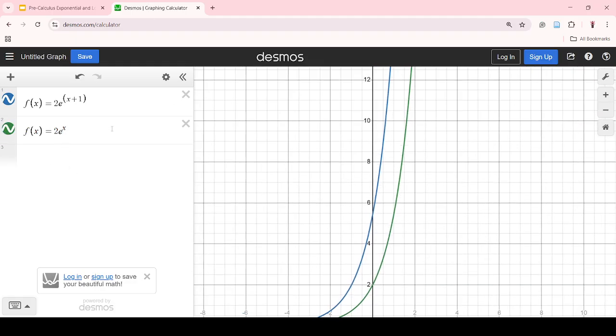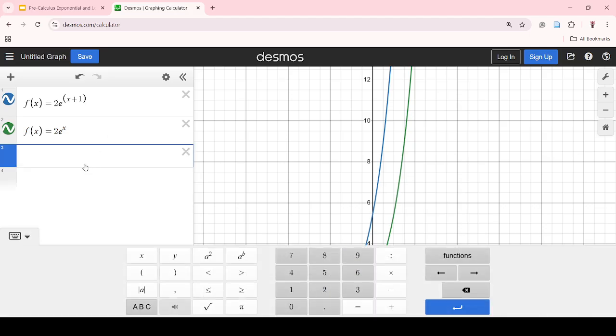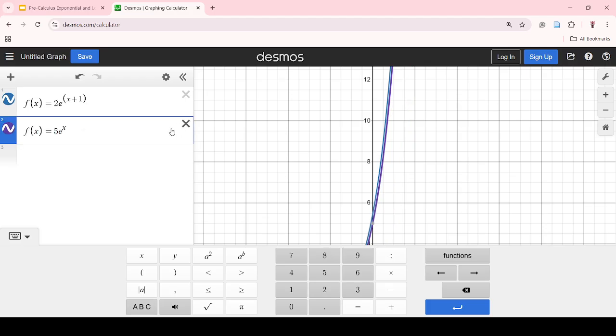Let's go ahead and do another example to see how far the graph actually can move over, how many units. For example, let's do f of x is equal to 5e to the power of x. Let me go ahead and delete that one.